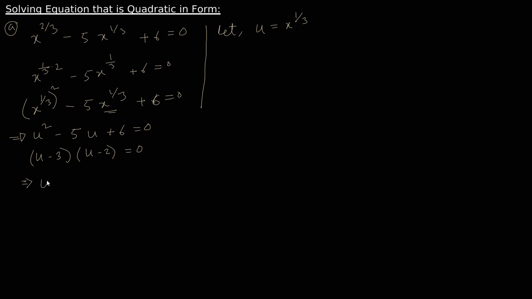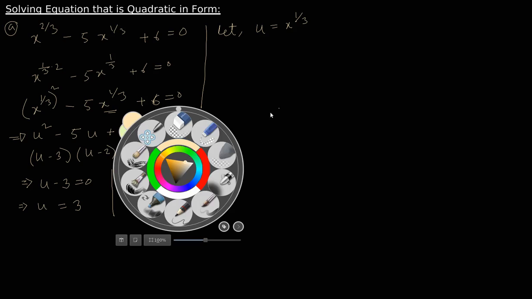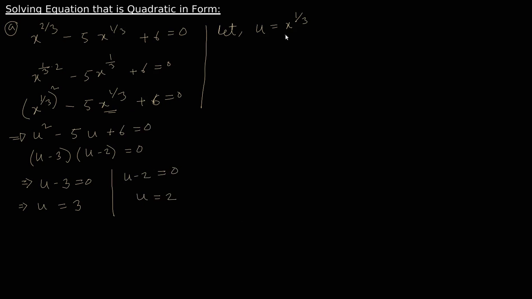I can write u minus 3 equals 0 or u minus 2 equals 0. Okay, so I get u equals 3 and here I get u equals 2. Now let us resubstitute. What is my u? x to the power 1/3. So x to the power 1/3 equals 3.